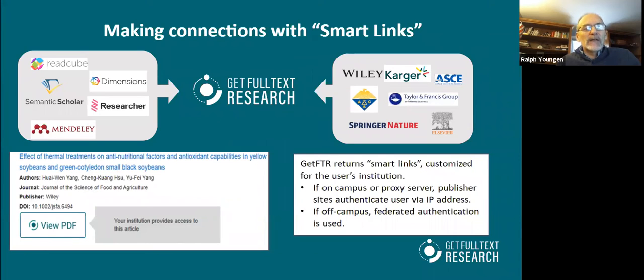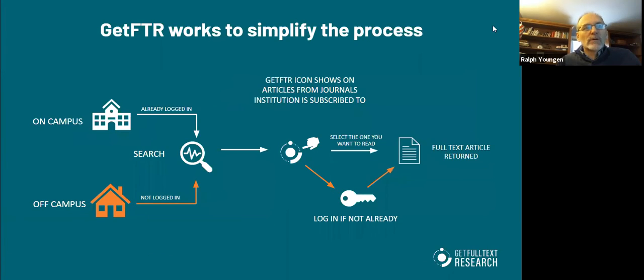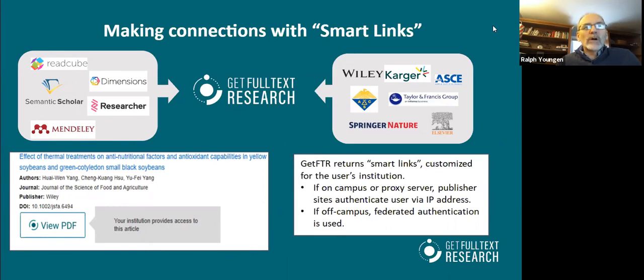And if institutional access is determined, it returns these smart links back to the integrator. And we call these smart links because they effectively work regardless of the user's location. They work if the user is on a recognized network or on a proxy server.